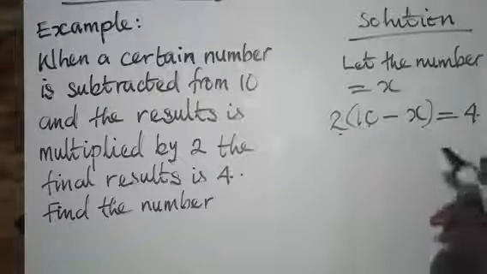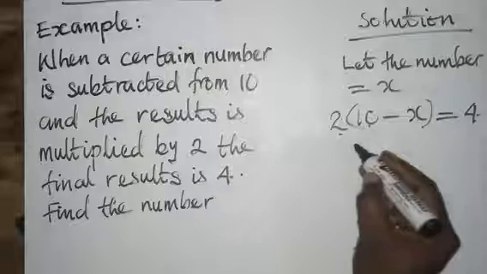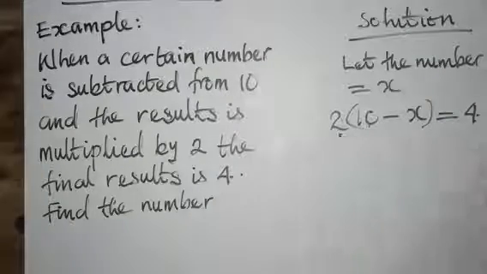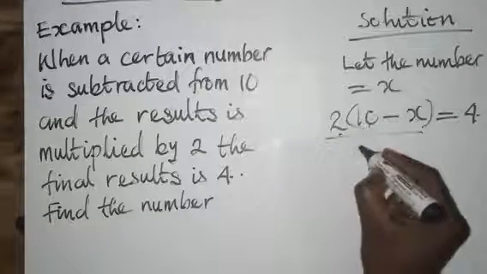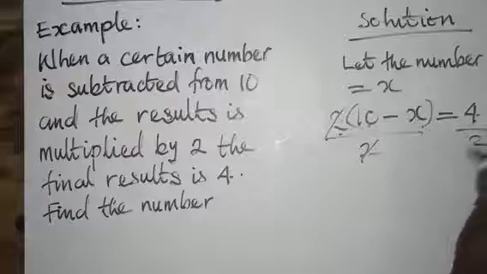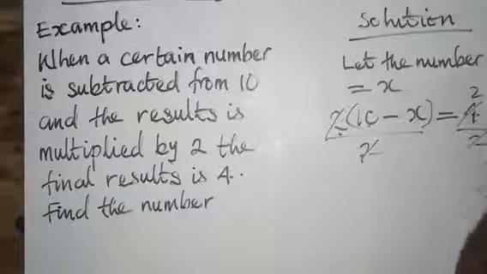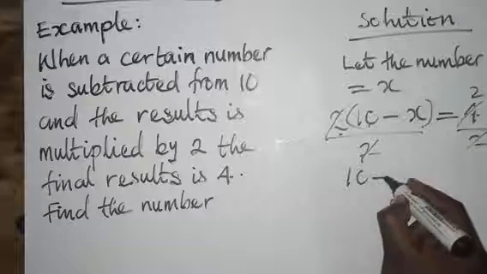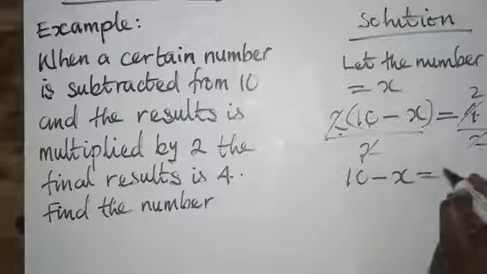In this case, we don't need to open the bracket. I just have to divide through by 2. So I divide here by 2 and I divide here by 2. Now 2 is gone. 2 cancels 2, and 4 divided by 2 is 2. So I now have 10 minus x equals 2.